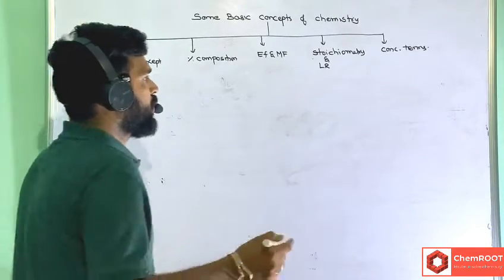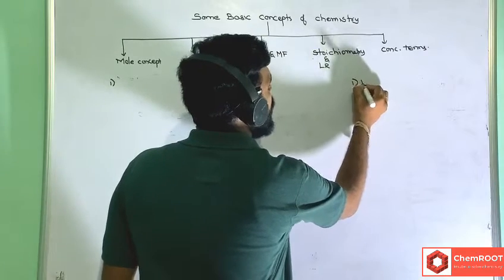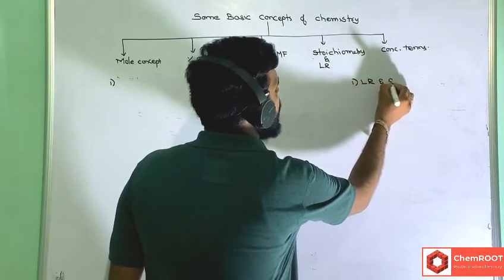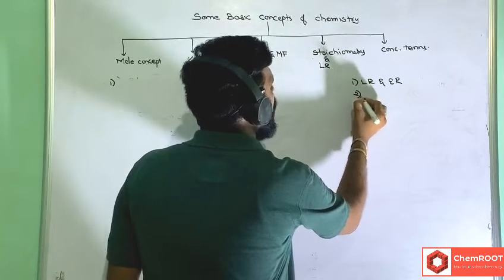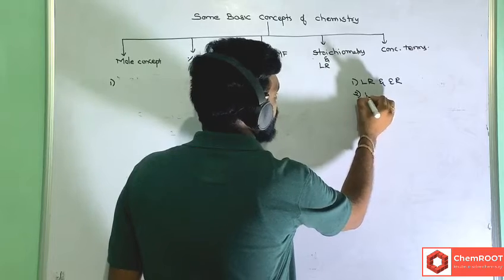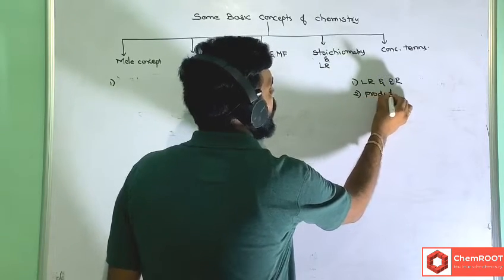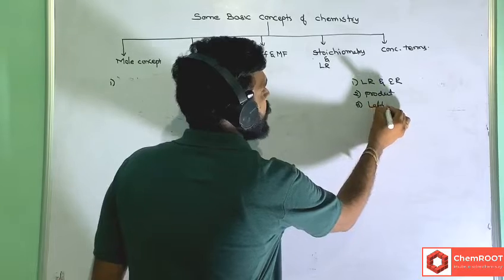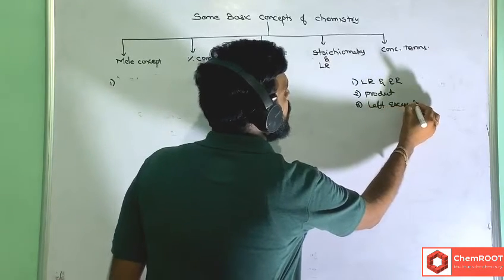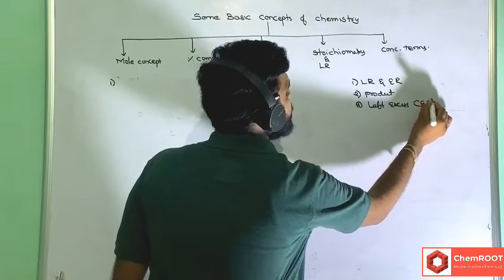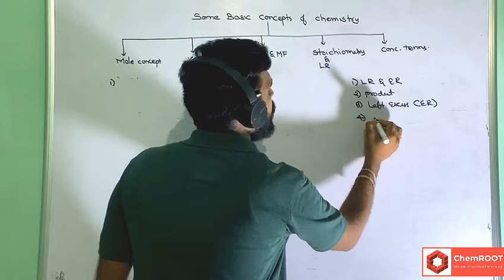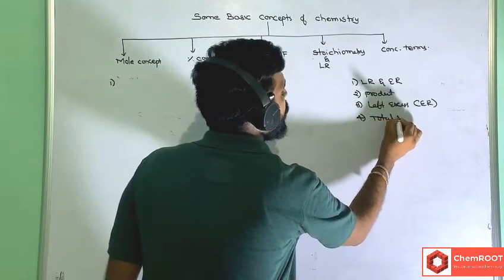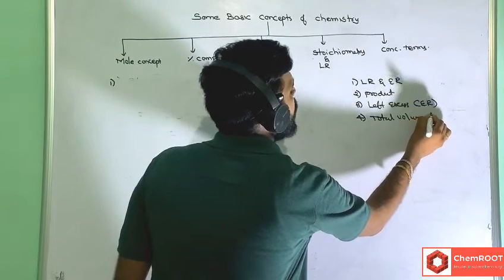Here 4 types of questions will be asked: What is the limiting reagent? What is the excess reagent? How much product will be formed? And how much excess reagent is left, and the total volume at the end.